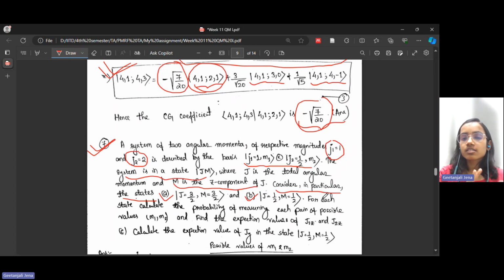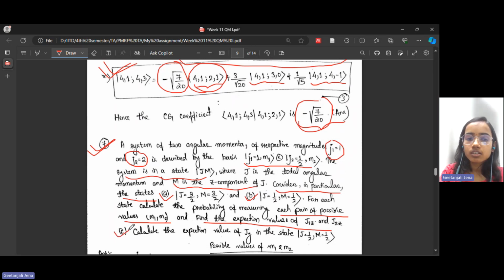The first one in part A is J equal to 3/2, M equal to 3/2, and in part B, the J value is 1/2 and M value is 1/2. Now for each state, calculate the probability of measuring each pair of possible values of M1 and M2, and find the expectation value of J1Z and J2Z.